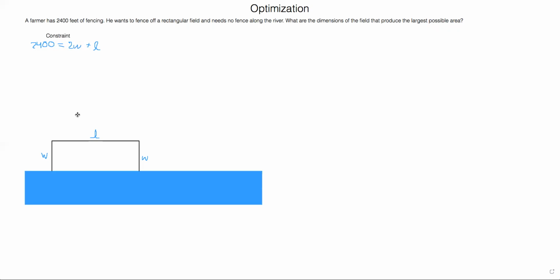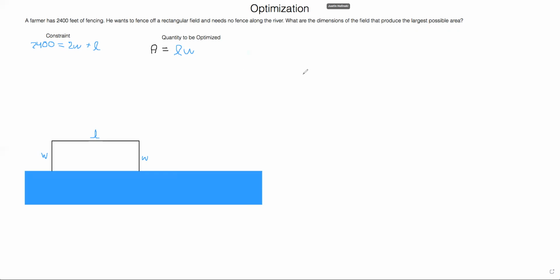Perfect. Now we want to find the quantity to be optimized. What are we trying to optimize? Area. Perfect. In that case, it's just going to be LW. It's kind of a fat L, sorry. No worries.